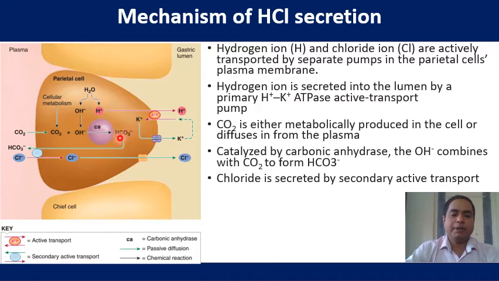So after production of the bicarbonate ion, this bicarbonate ion is then transported to the blood plasma, and in response, for every one bicarbonate transported to the plasma, one chloride ion is transported to the parietal cell for ionic balance, and the transportation of bicarbonate and the chloride ion happens through the secondary active transport pump.